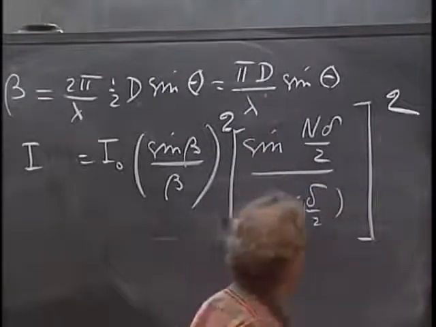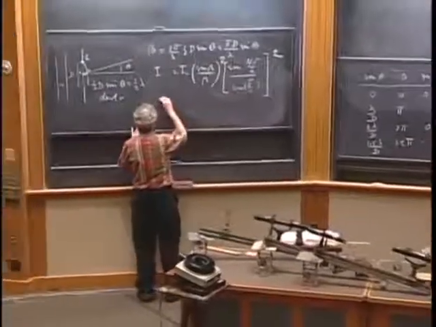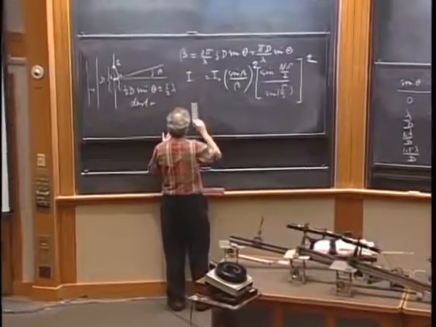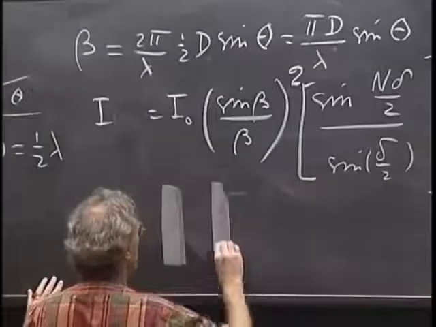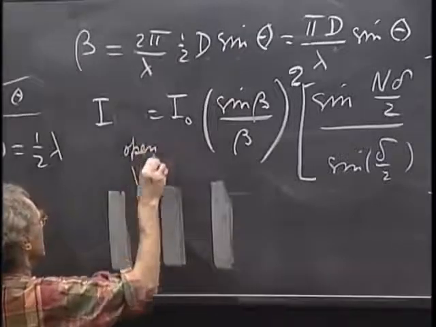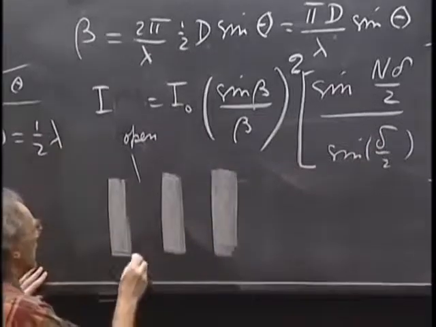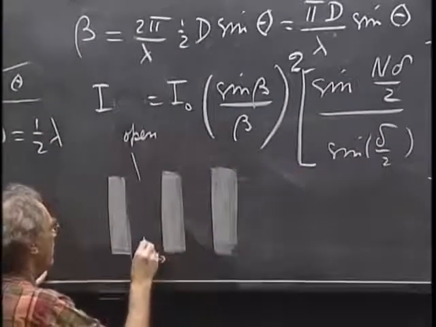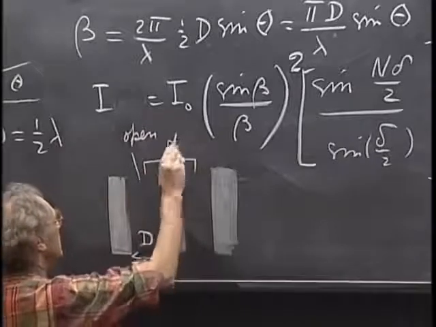So to make sure that you understand the difference between little d and capital D, if this is my grating, and this is the open area, and this is where the light cannot go through, then the definition of little d is this, and the definition of capital D is this.